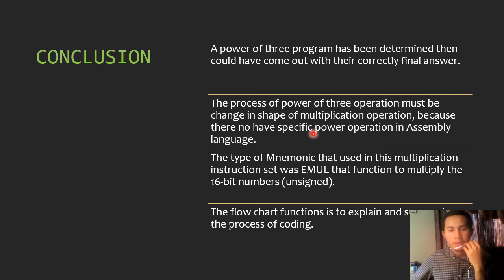Next, the power of 3 operation must be changed into a multiplication operation, because there is no specific power operation in the assembly language. So we change the power of 3 process into multiplication: 1A multiplied with 1A multiplied with 1A is equal to 1A to the power of 3.